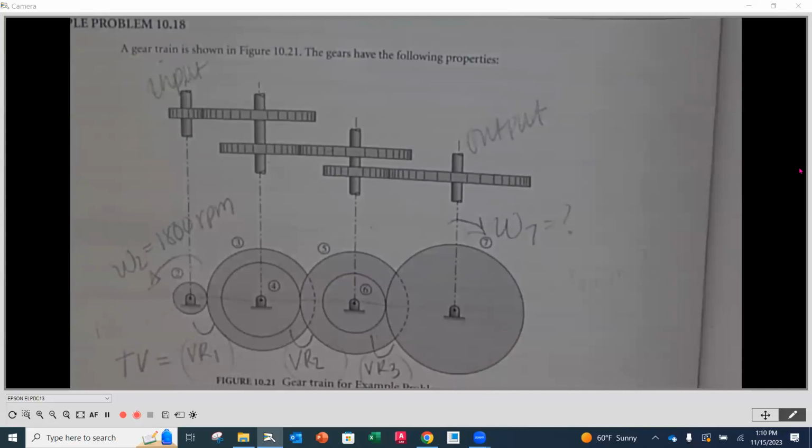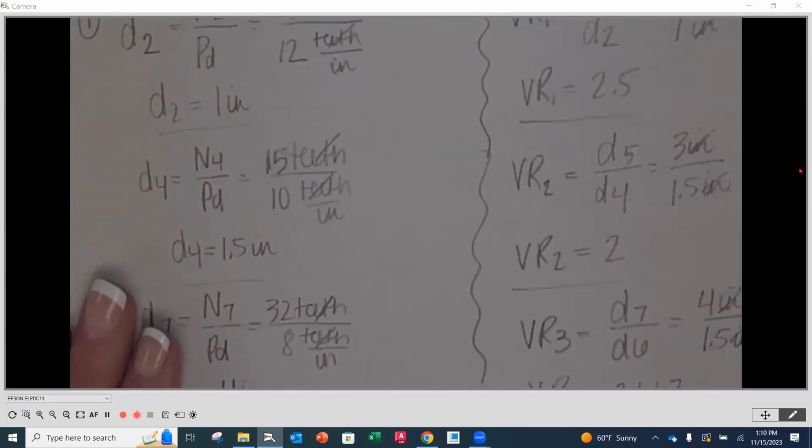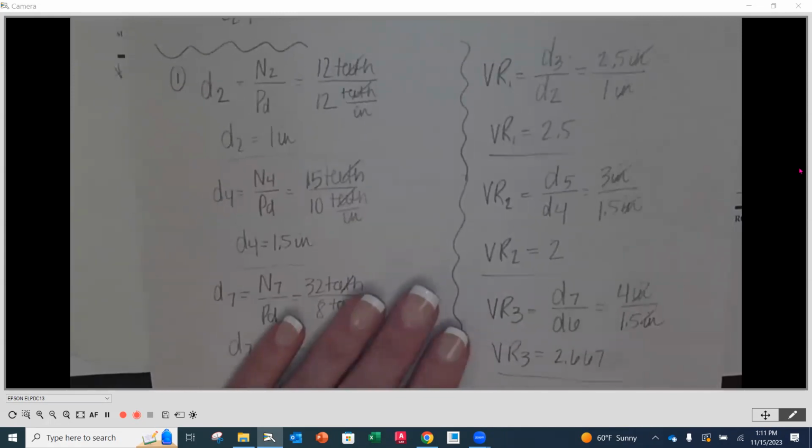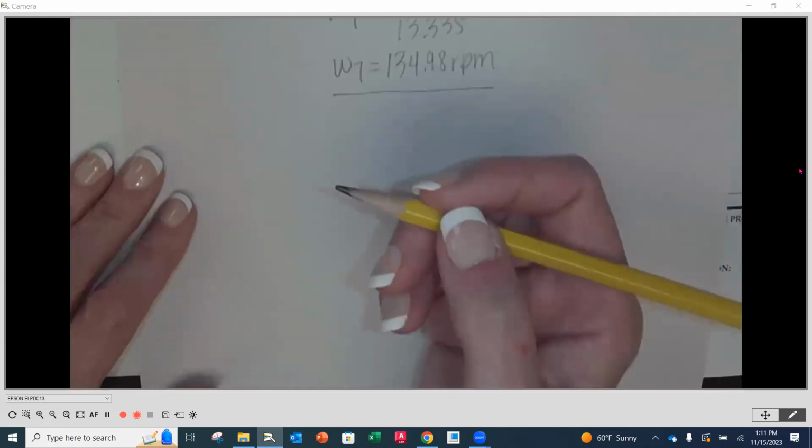You see that? So all we need to do, because now we strategically found the pitch diameters for each of the values we didn't know, and we know the pitch diameters for the other ones that were given, we can now simply take all of these pitch diameters, add them up, and do what to find a center distance? Divide by 2. Yeah. So go ahead and see what you come up with for your center distance.